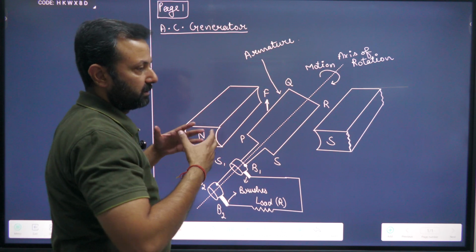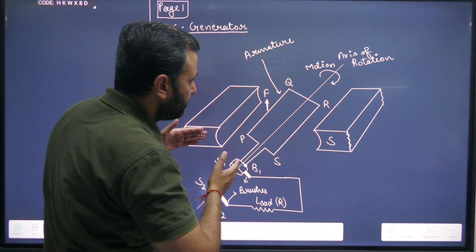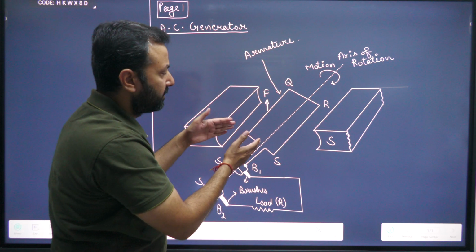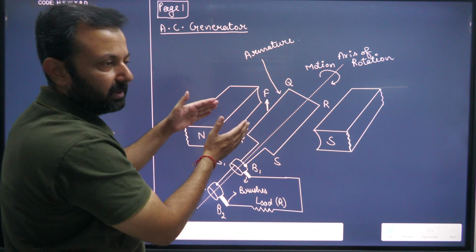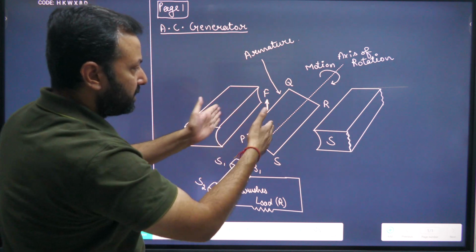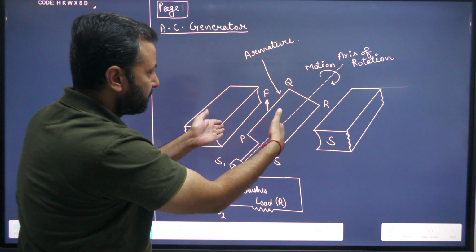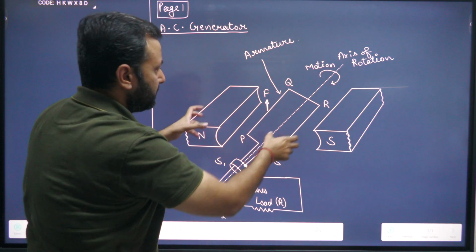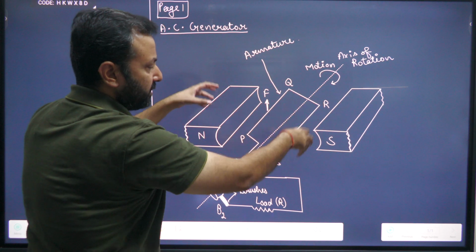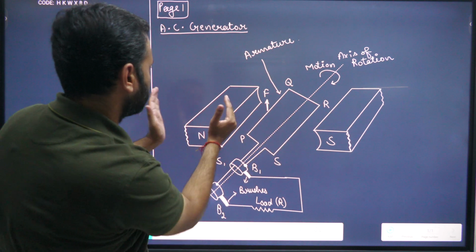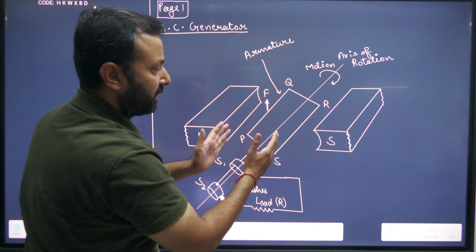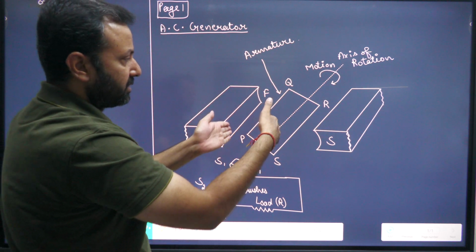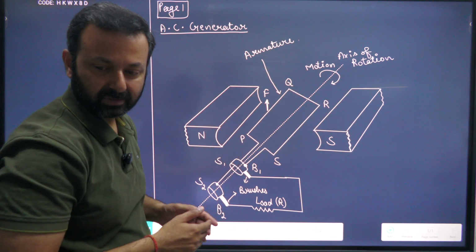Our purpose of keeping it in this slanting way is that in reality this coil is fixed midway between the north and south poles, which are also placed in a slanting way. So the rectangular coil is placed like this.